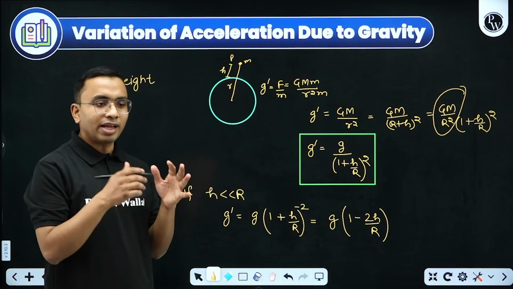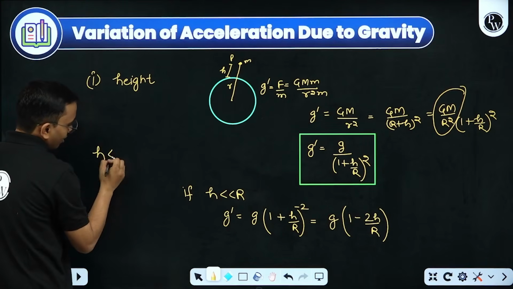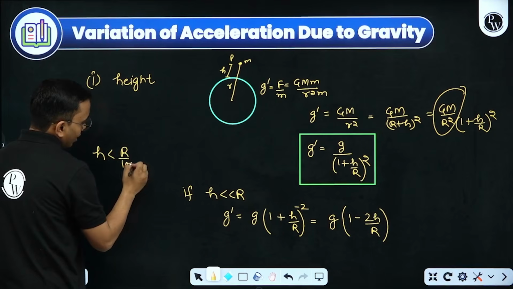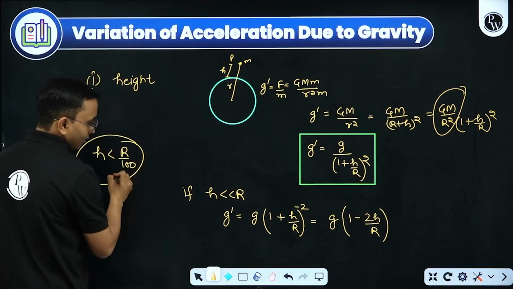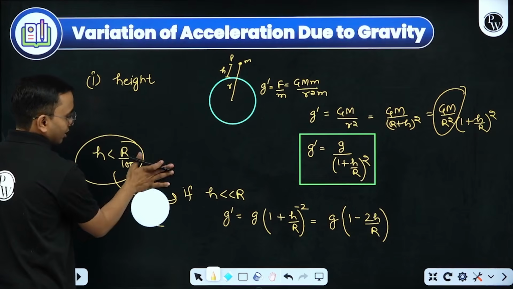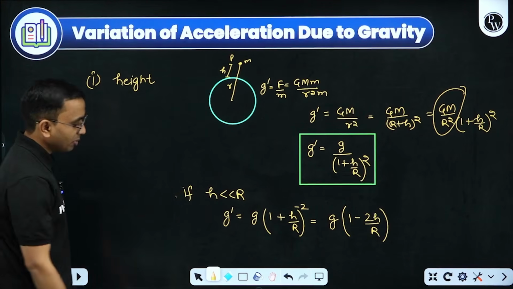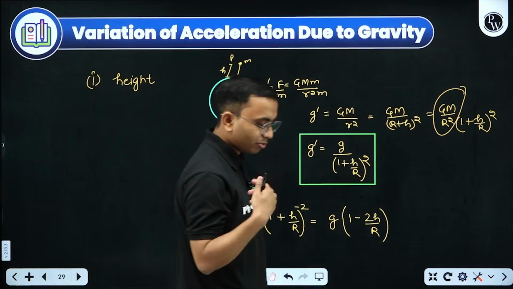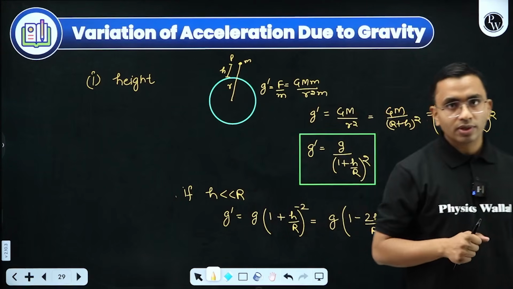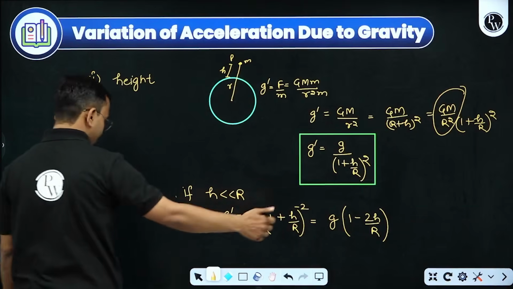If h is less than r by 100, we can consider this assumption. We can consider this assumption if this condition is there in the question. Sometimes this condition is given, that consider h to be very small, then find the value of g there. Getting it?